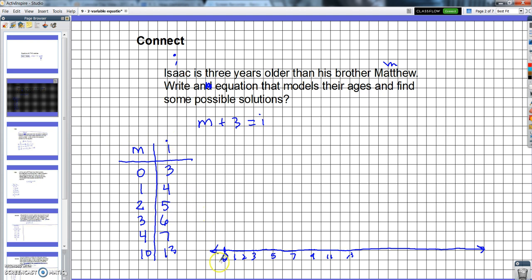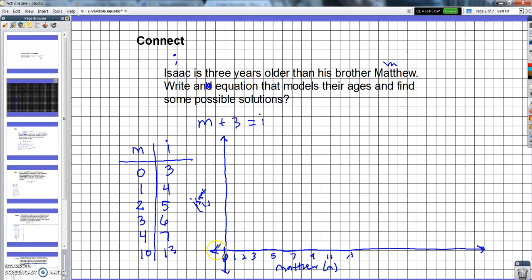And then right through the 0 on that number line, I'm also going to make a number line for Isaac's age. So let me put Matthew down here. And then I'm going to go right through the 0 and make a second number line the other way for Isaac's age. So where they cross is 0.